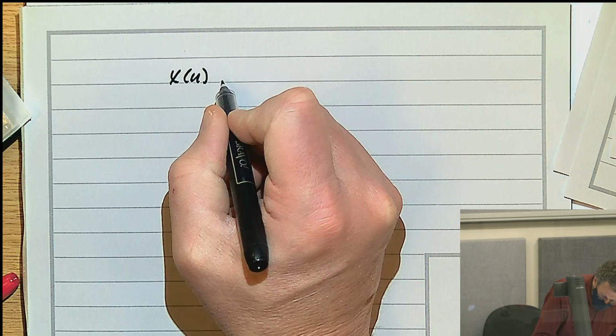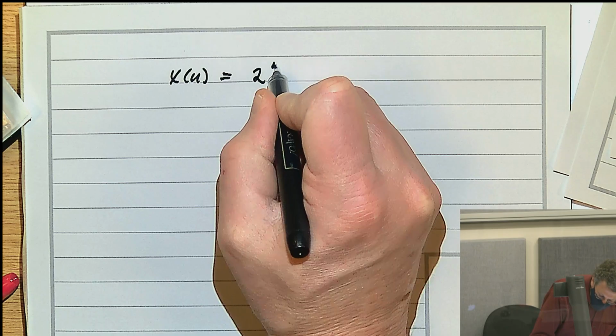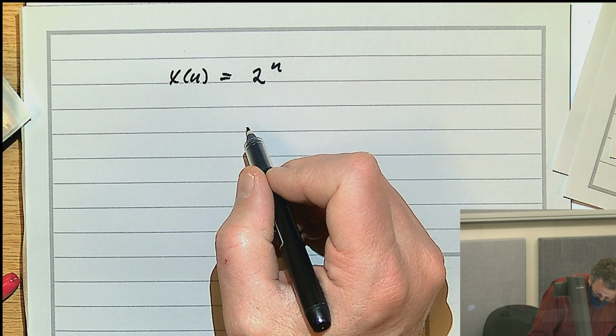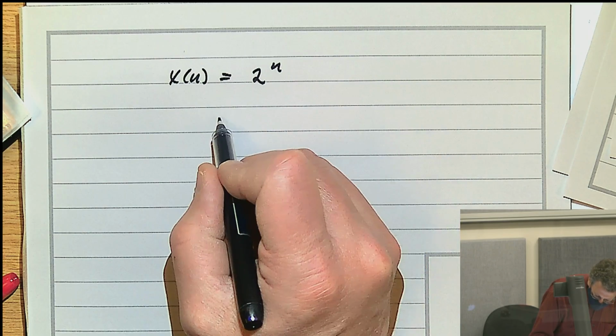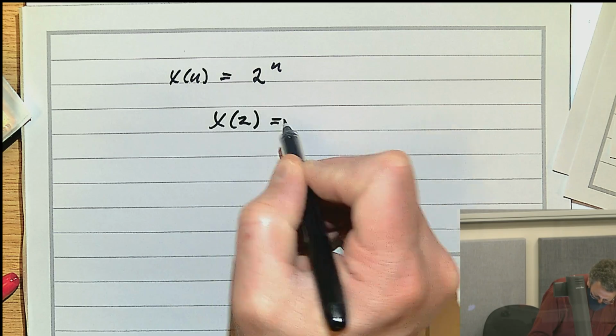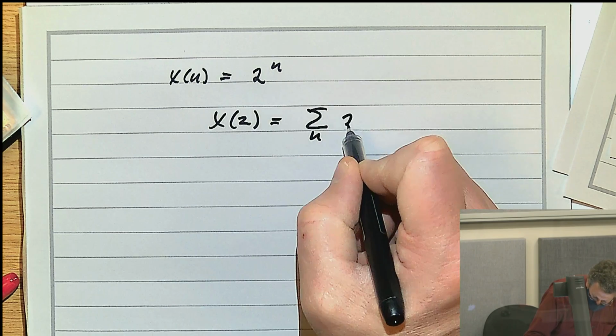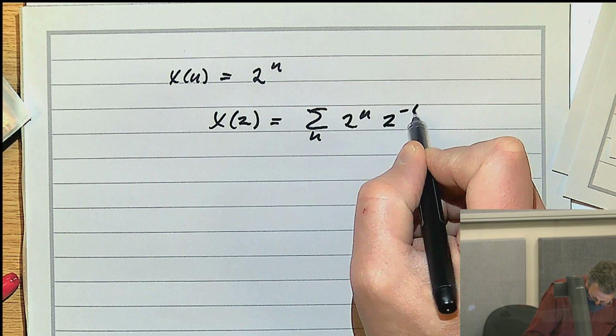So what is the Z transform? Actually, I should just work it out since I've been talking about it. The signal is x of n equal to 2 to the n times u of n. So X of z is equal to the sum over n of 2 to the n times z to the minus n, right?